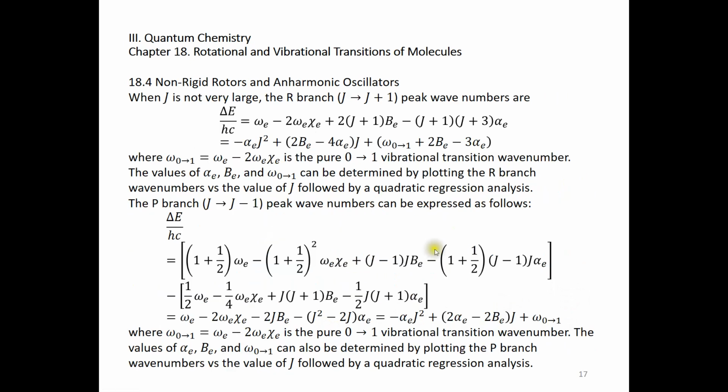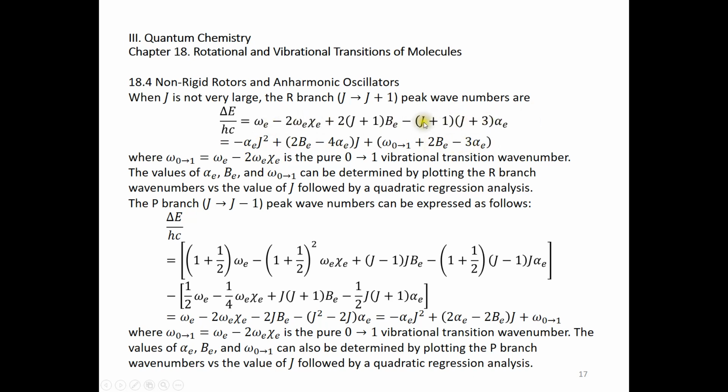All right, when J is not very large, we can neglect the centrifugal distortion or so-called non-rigid correction to the rotational energy, and the R branch peak wave numbers are expressed as a second order polynomial function of J or a quadratic function of J. We can just expand everything over here.